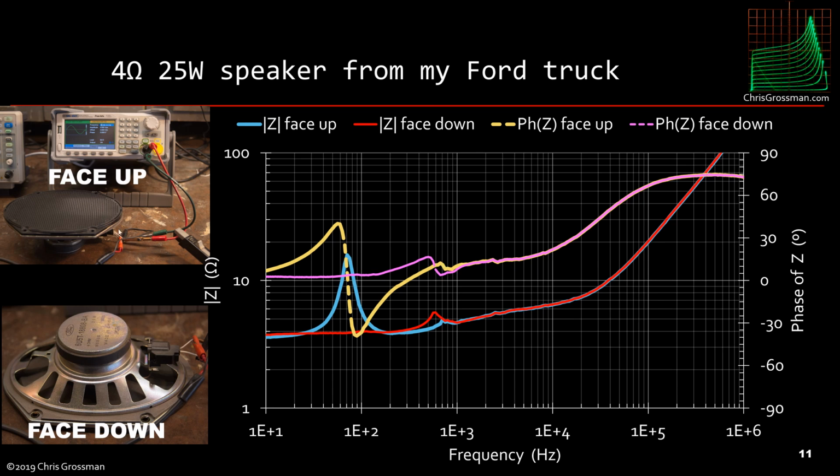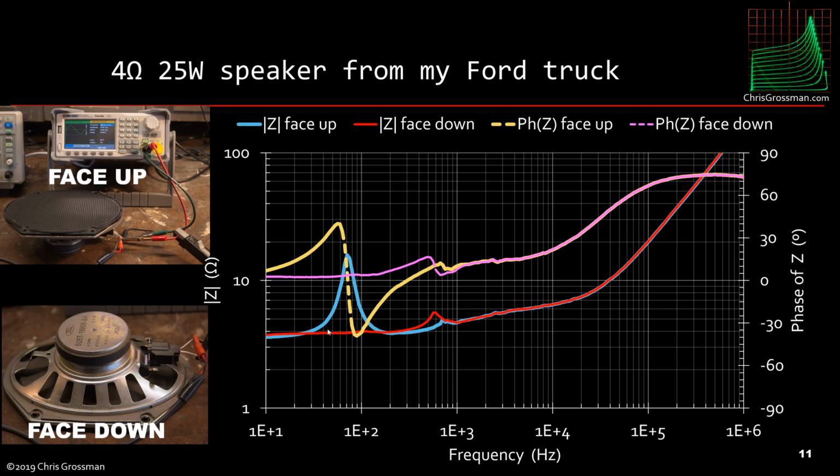Now if I flip the speaker over and point it face down, the first thing you'll notice is that the impedance here at 10 hertz has shifted up a little bit. Not a lot, but maybe from 3.6 ohms to 3.8 ohms.